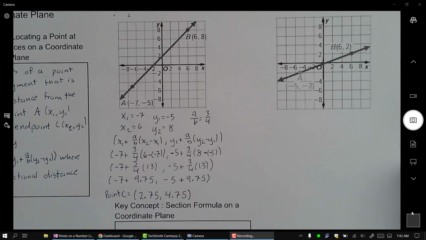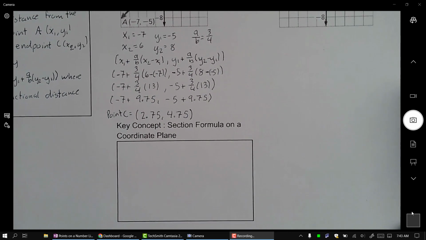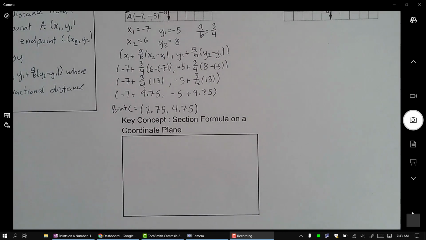Let's take a look at the next key concept. Now we're going to deal with the section formula on the coordinate plane.